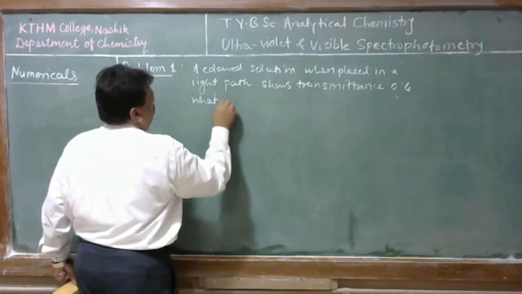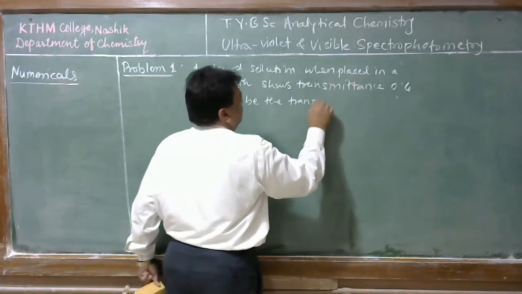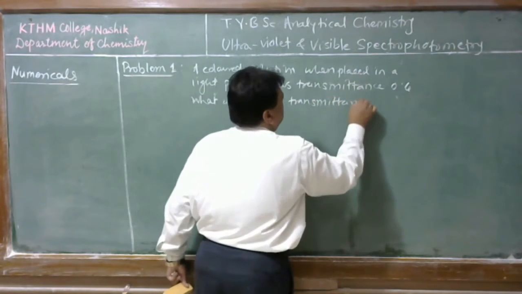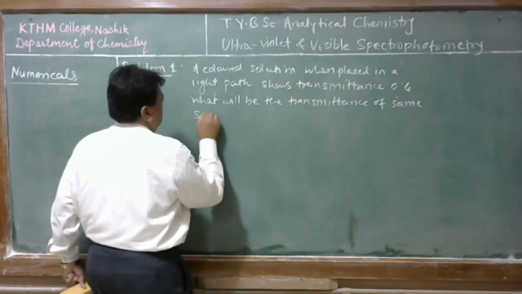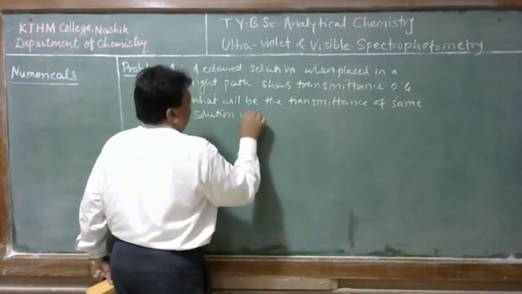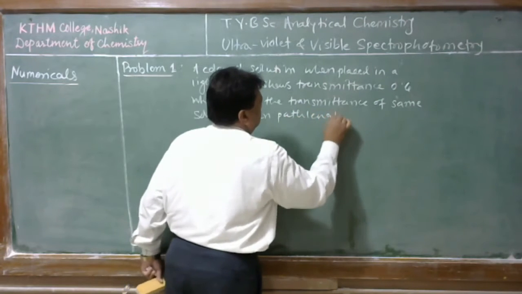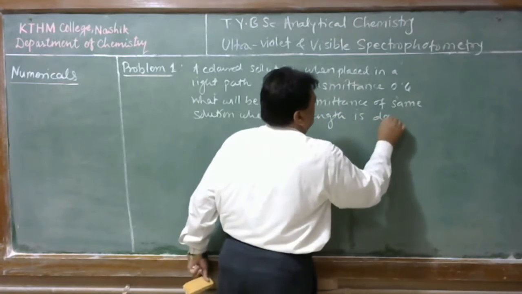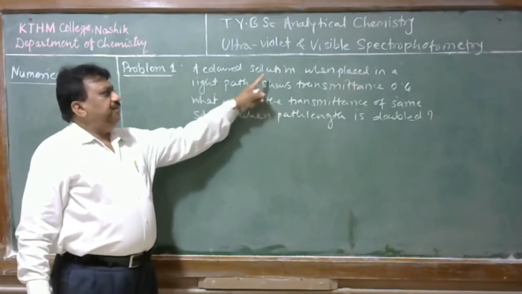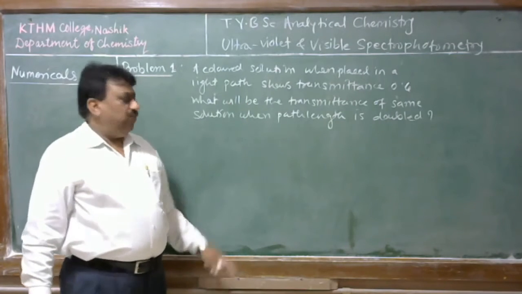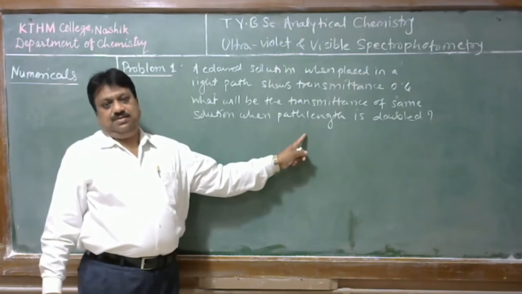What will be the transmittance of the same solution when the path length is doubled? Here, a colored solution when placed in the light path shows a transmittance of 0.4. What will be the transmittance of the same solution when the path length is doubled?